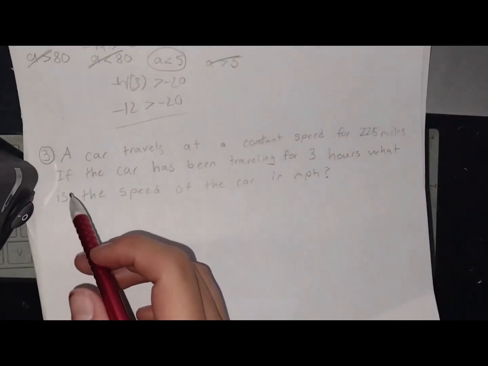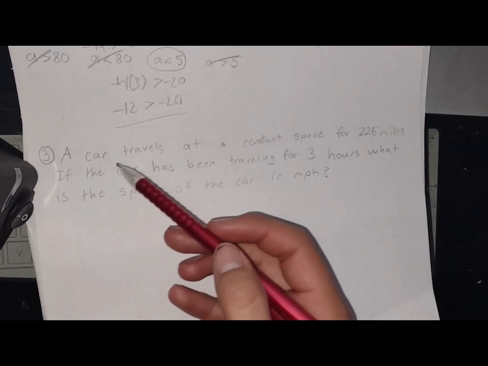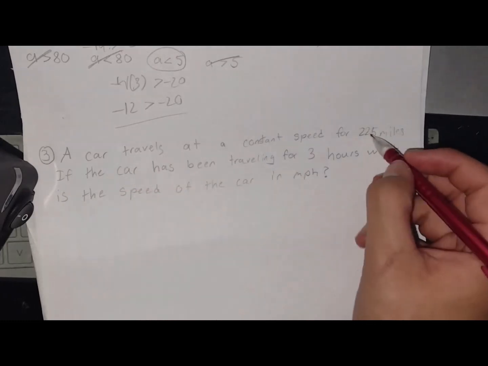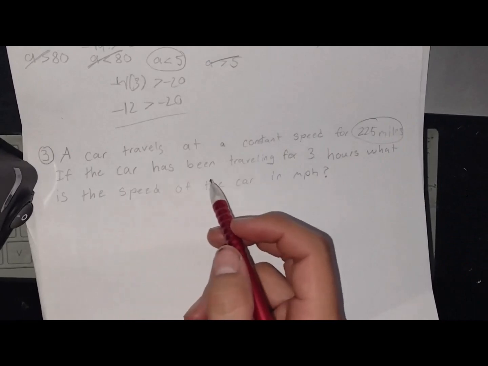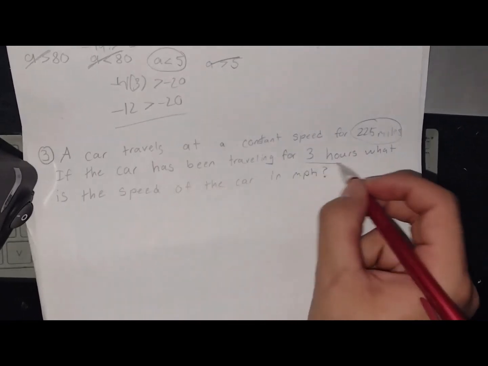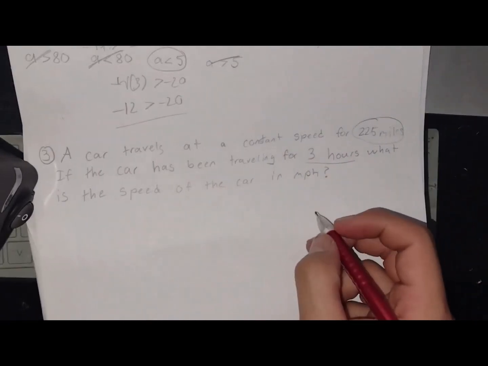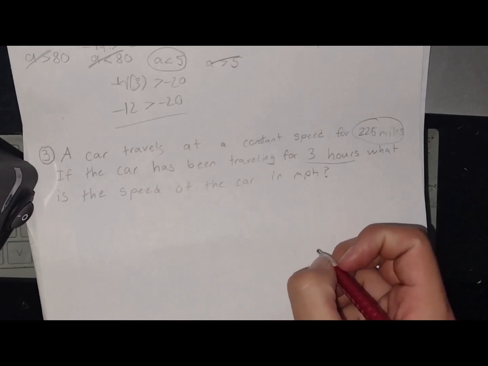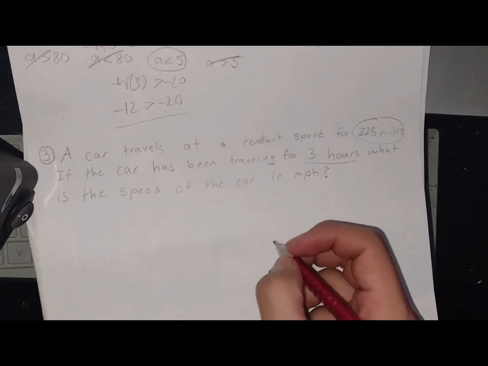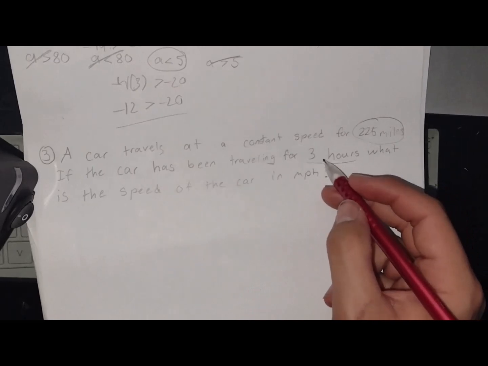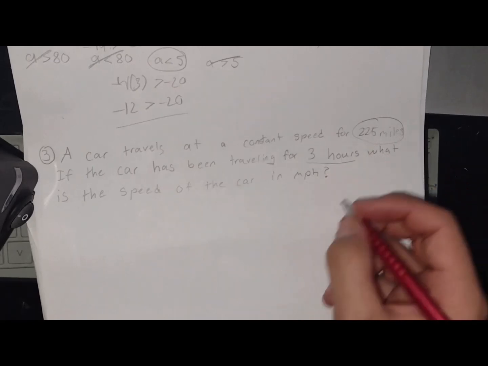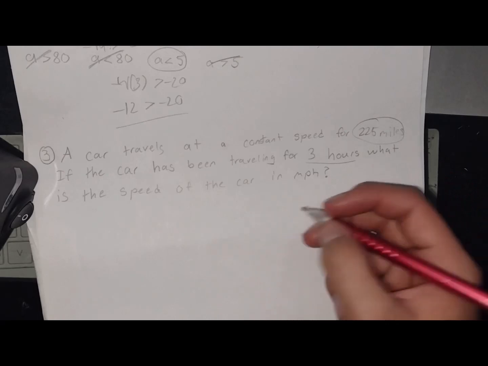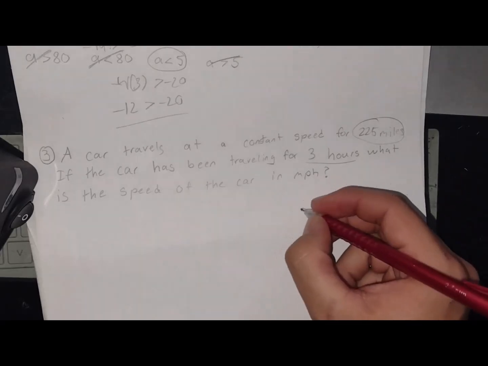Here's the video solution for number 3. A car travels at a constant speed for 225 miles. If the car has been traveling for 3 hours, what is the speed of the car in miles per hour? So basically we're trying to find the speed it was traveling at for 3 hours, and it covered 225 miles. This is basically an easy equation.